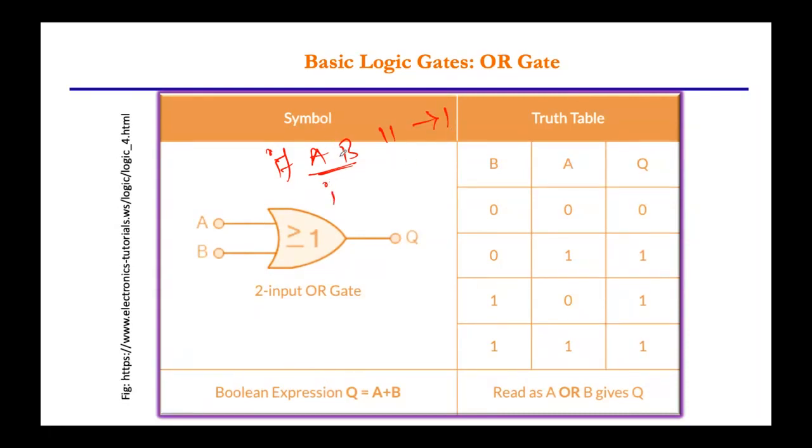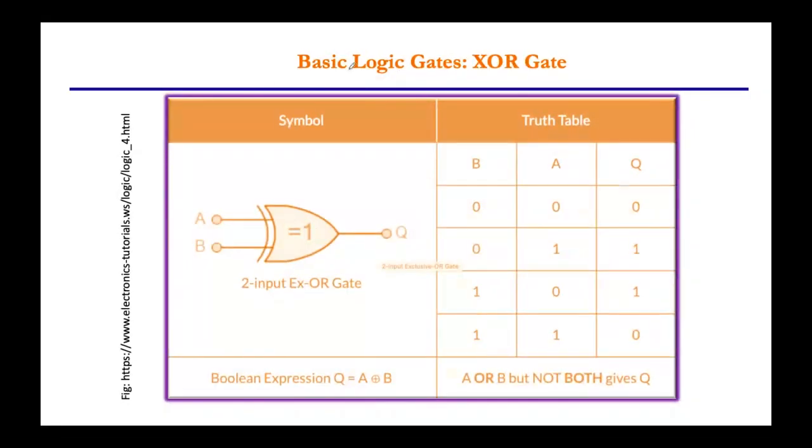In this case, if any one input is 1, then it is 1. If both the inputs are 0, then it is 0. In all other cases, it is 1. So this is the second basic logic gate which is used to build the ALU.